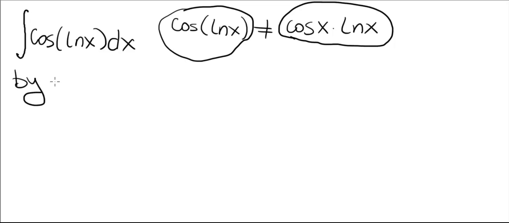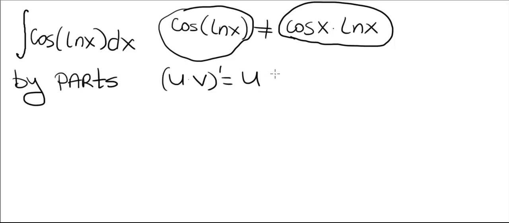We'll be using a technique called integration by parts, and this is derived from the product rule of differentiation. Recall, when we have two functions of x, u times v, we differentiate them. The derivative equals u times the derivative of v, which is u dv, plus v times the derivative of u, which is v du.